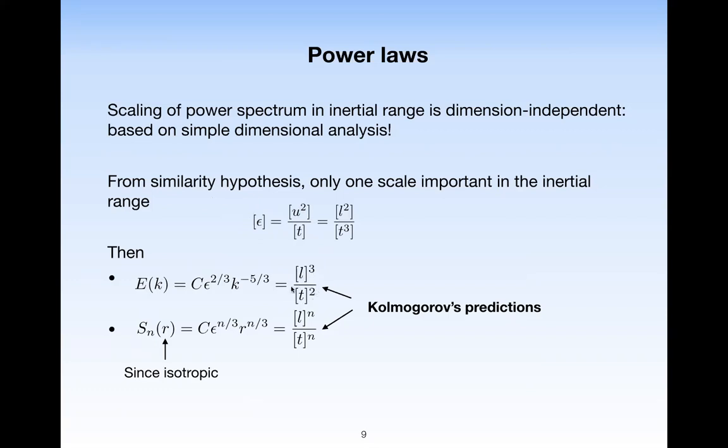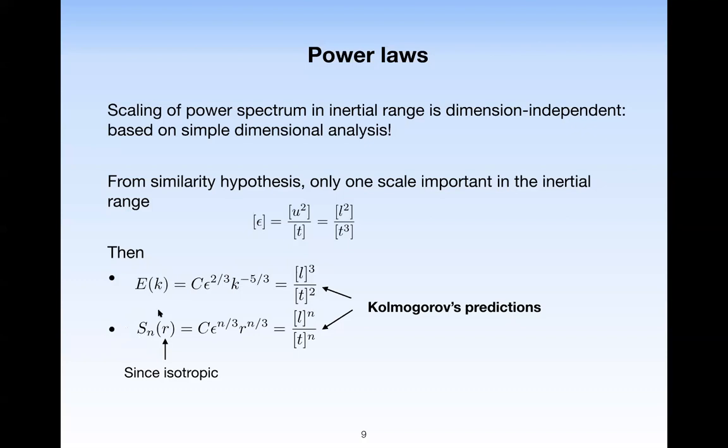Okay, so if we first take care of these time dimensions, it means that this quantity should be proportional to epsilon to the 2/3. And then we simply make up the remaining length dimensions using k, which, remember, this quantity is defined in momentum space, so this is the wave number. And it turns out that the power should be k to the -5/3. This is precisely what we saw earlier.